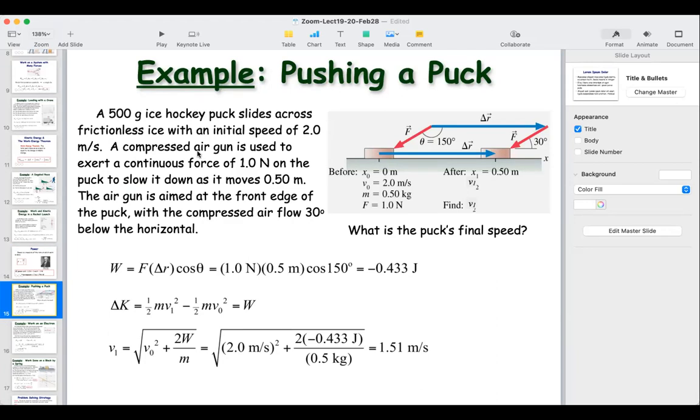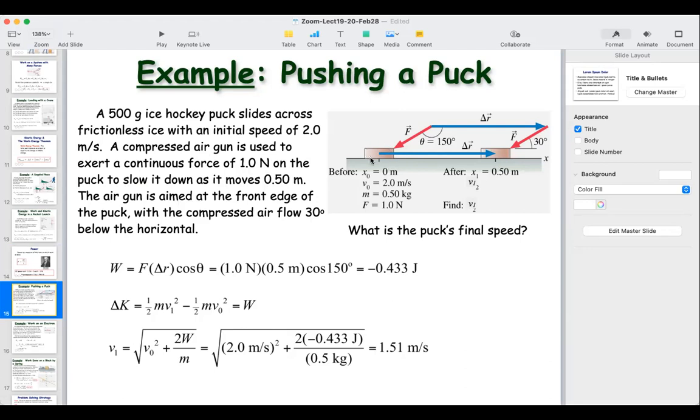A compressed air gun is used to exert a continuous force of 1 Newton on the puck to slow it down as it moves 0.550 meters. The air gun is aimed at the front edge of the puck with the compressed air flow 30 degrees below the horizontal.